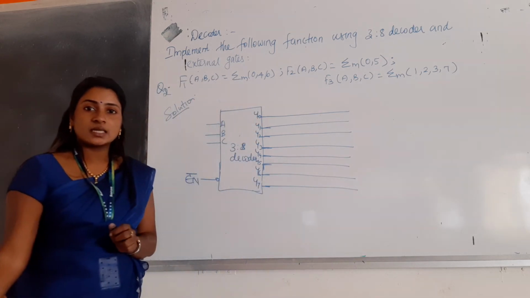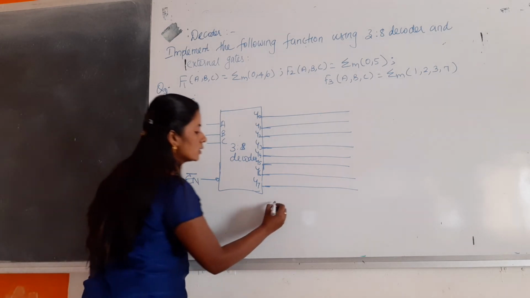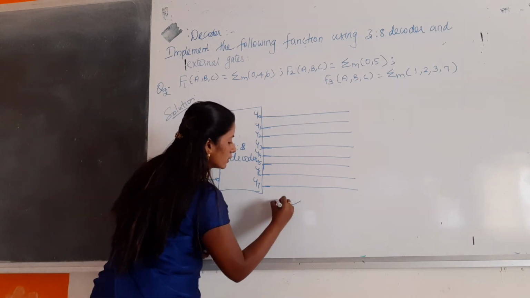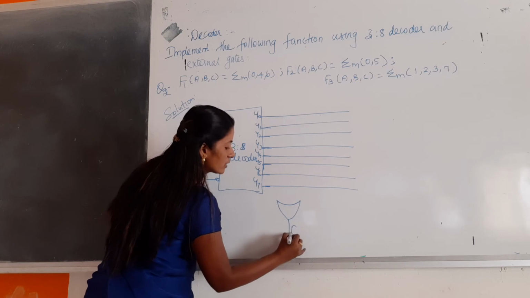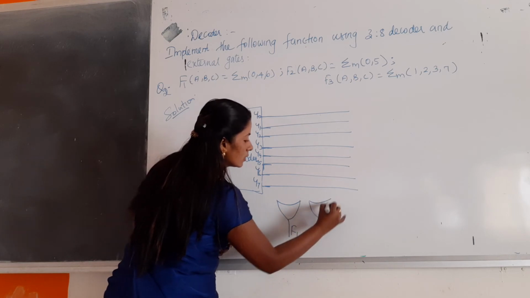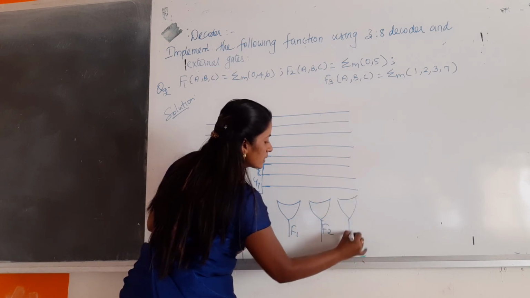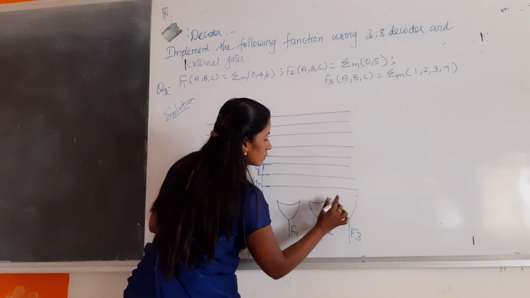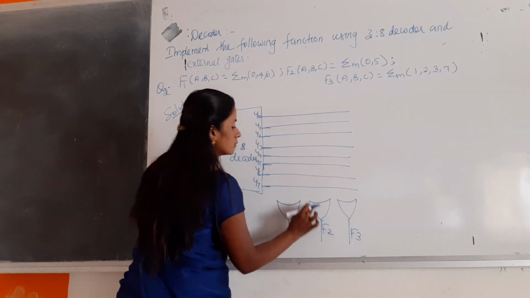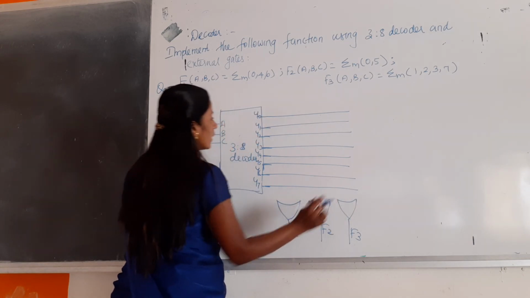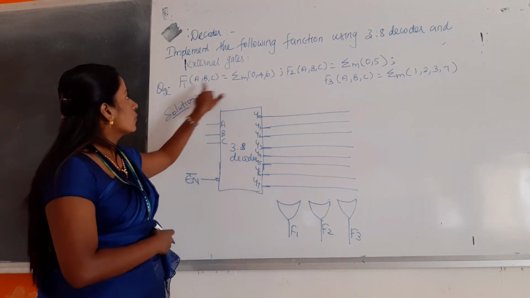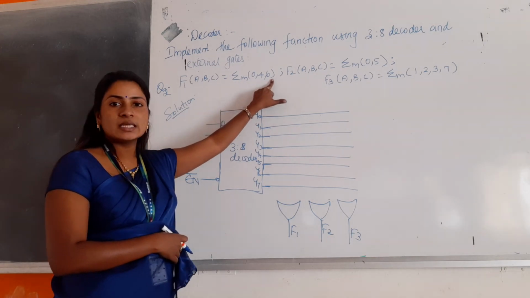We need 3 OR gates. So OR gates I am drawing here. This is for function 1. This is for function 2. This is for function 3. Okay. Function 1 min terms are 0, 4, 6.